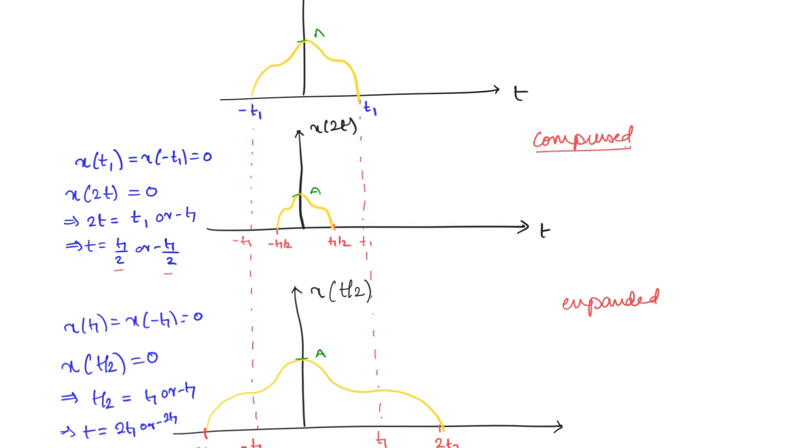One of the easiest ways to understand these signal transformations is by means of an audio signal or a video signal. Let's say you are watching a movie and you are running it at twice the speed. Okay, so you are fast forwarding it. Then what is that? It is time scaling, compressed version.